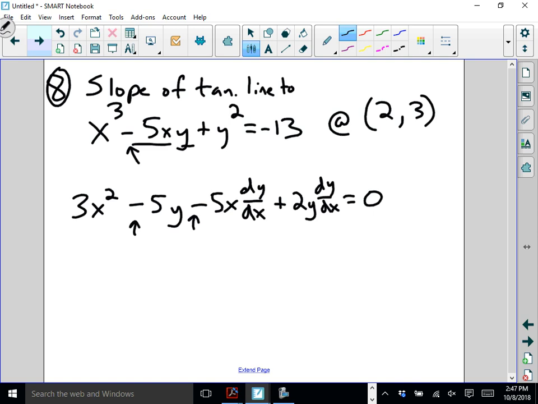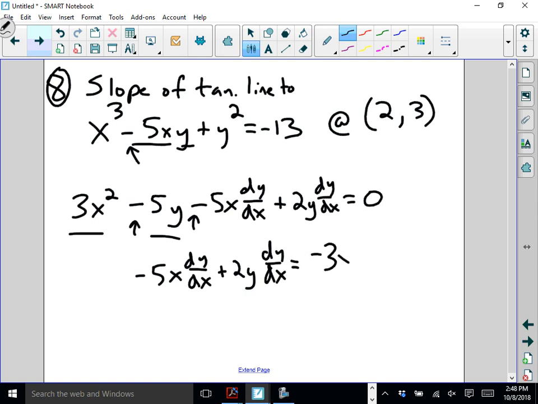So I went ahead and did all of my derivatives of all the terms using the product rule when I needed it, being careful of that negative. Now I want to isolate dy/dx. So I'm going to move these two terms to the other side, and I'm going to have negative 5x dy/dx plus 2y dy/dx equals negative 3x squared plus 5y.